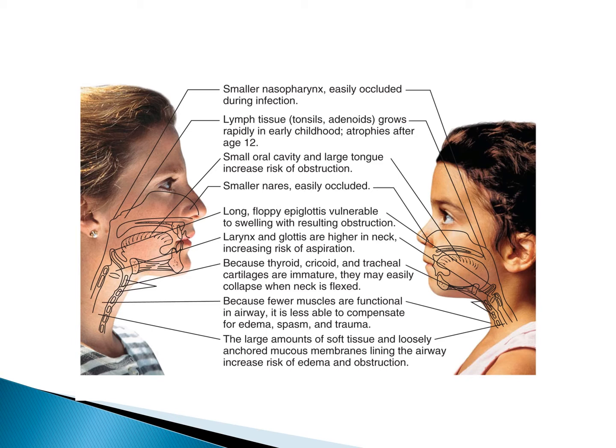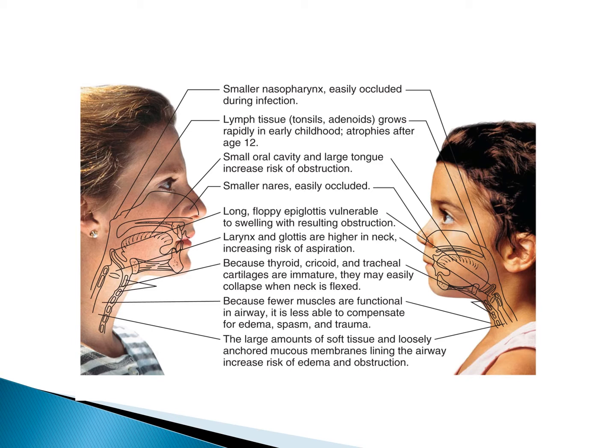Small nares can become really easily occluded, especially in the case of an infection where there's increased nasal discharge. They have a floppy epiglottis, which makes it very prone to swelling, especially if there's an infection, resulting in obstruction. There's increased risk of aspiration based on the position of the larynx and the glottis.